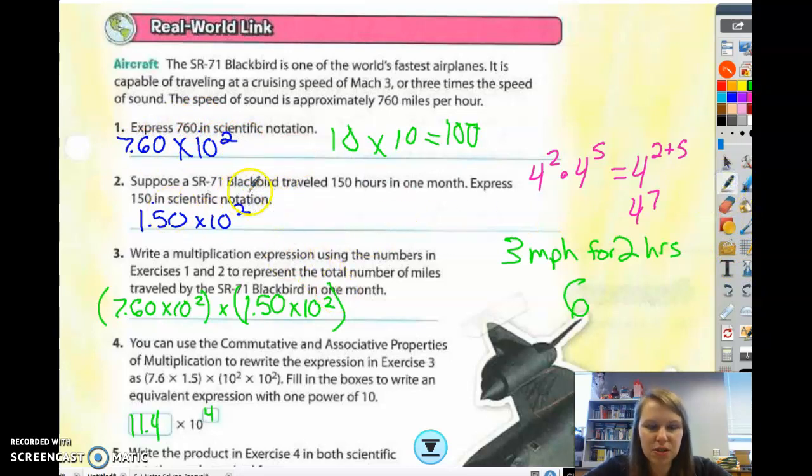For this next one, it says suppose this Blackbird travels 150 hours in a month. Express 150 in scientific notation. Again, there is no decimal in the number 150, so I went ahead and penciled one in at the end. To put it into scientific notation, we're going to scoot that decimal over 2 places, because scientific notation rules mean we need to have 1 digit in front of the decimal place, and it cannot be a 0.